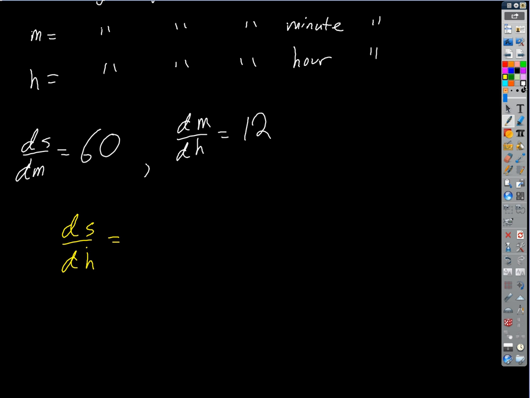I want you to notice a couple things about this. If we write down ds/dm times dm/dh, what do you notice algebraically? What do you notice about the product of those fractions? Some cross cancel. Yeah, we can cross cancel the dm's, and that works.